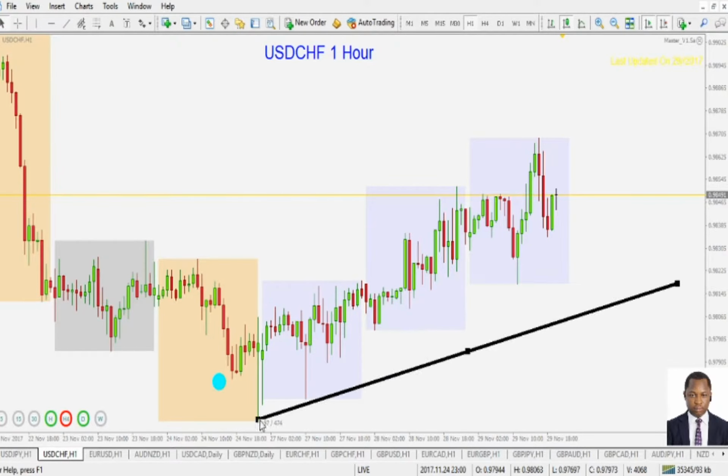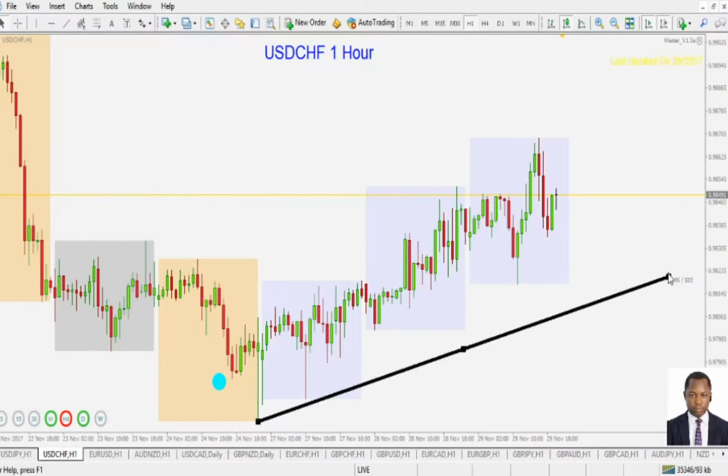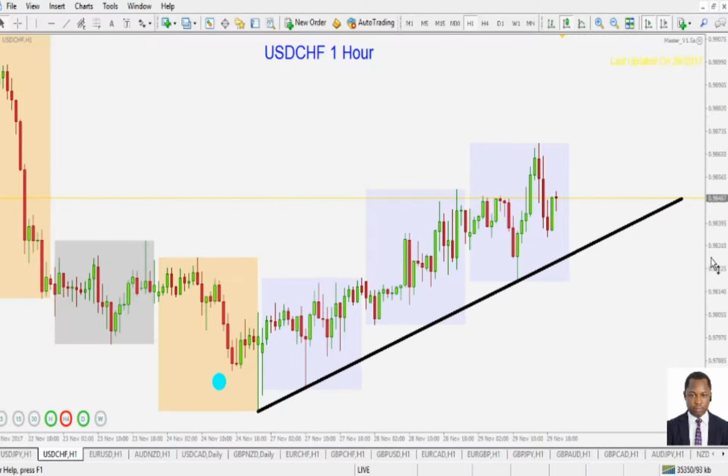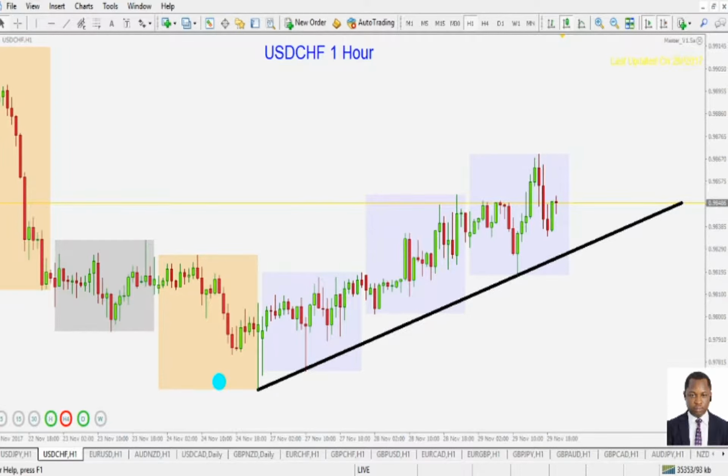In the 1 hour time frame, we always want to be accurate with our lines. That is the retracement channel. So what we will be waiting for right now in this pair, just like in the euro against the American dollar, is for price to break below that line and give us a pullback. As price begins to turn around, we are going to place a sell stop order a few pips below that.